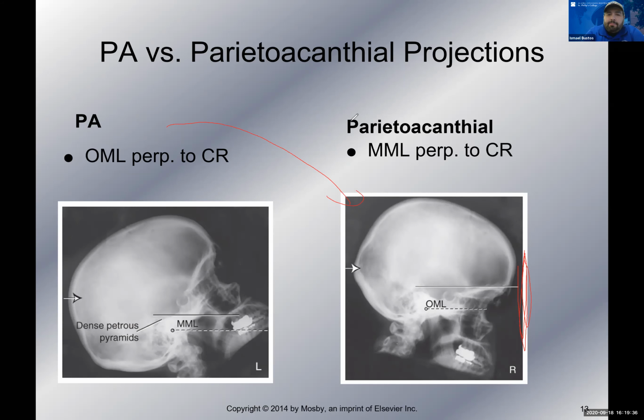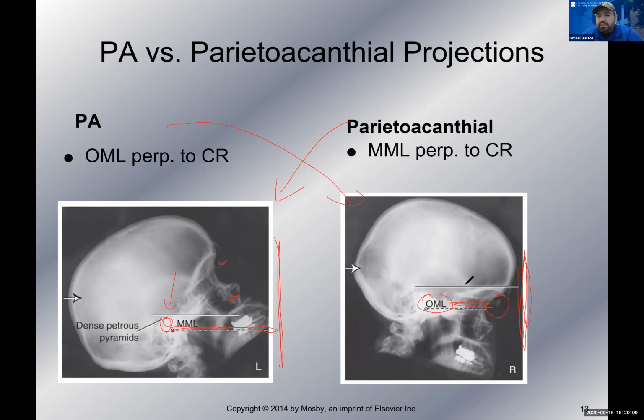When we look at the parieto-canthal projection over here, the extension and flexion of the head has changed, in particular the extension, because now the MML, the mentomeatal line, which goes from the mentum to the EAM, is perpendicular to the image receptor. This would be a Waters projection. That helps move the petrous pyramids away from the orbits and away from the sinuses. See how it moves them down?